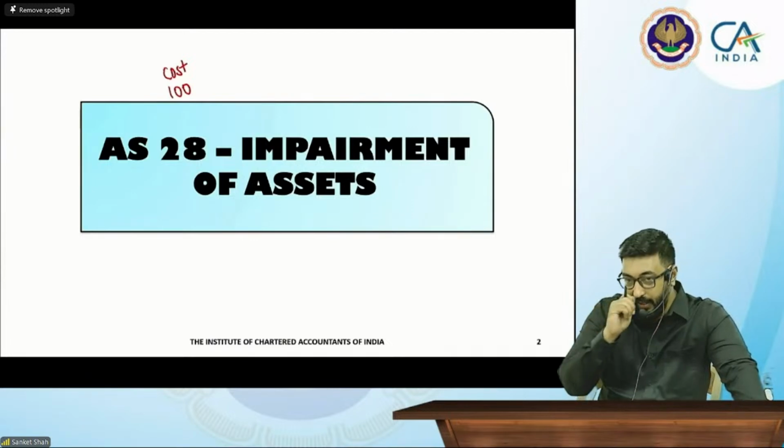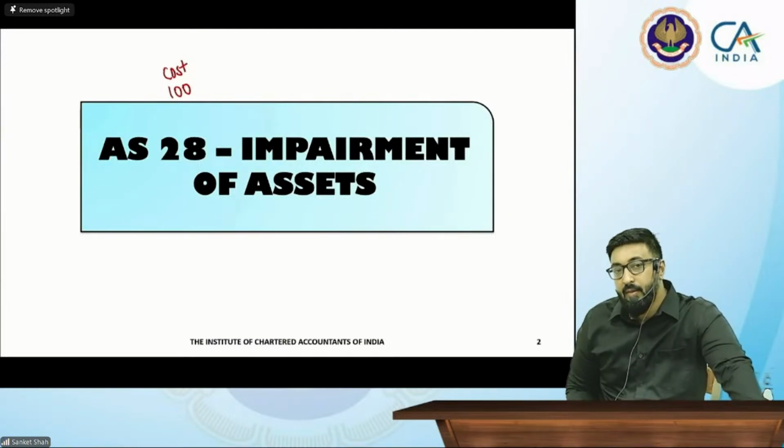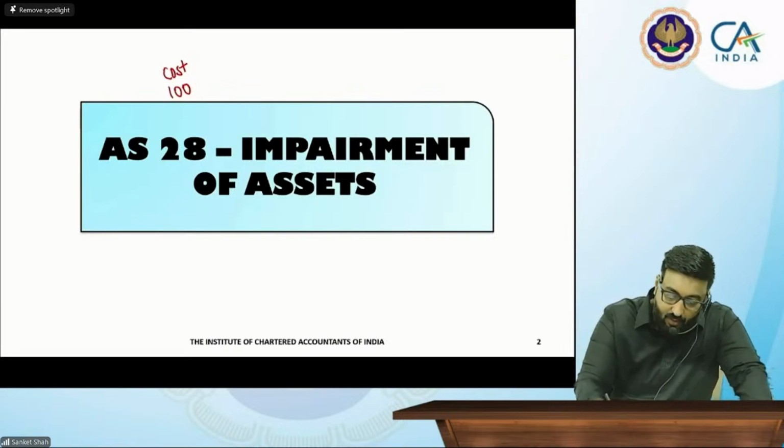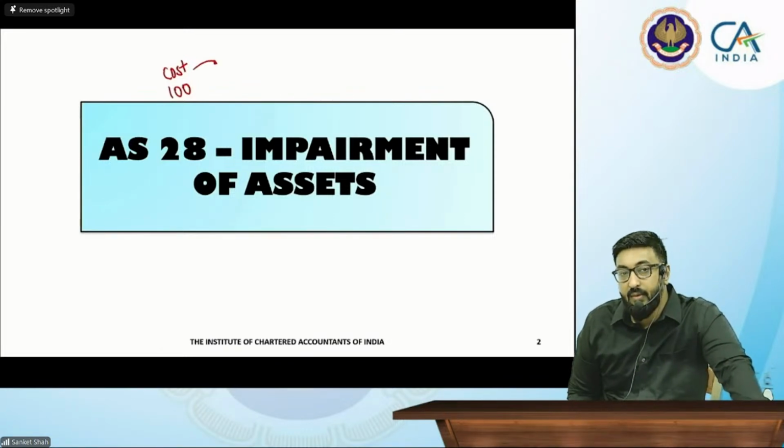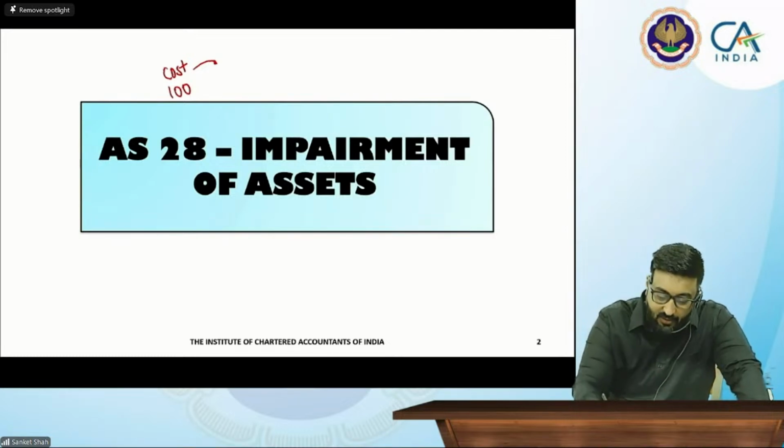Write running notes quickly. Now see, it might happen that the cost of the asset is reduced. Due to which factor is it reduced? Write in the comment section why we are reducing cost. What do we call it? Cost is reduced, and that is called depreciation in simple language.